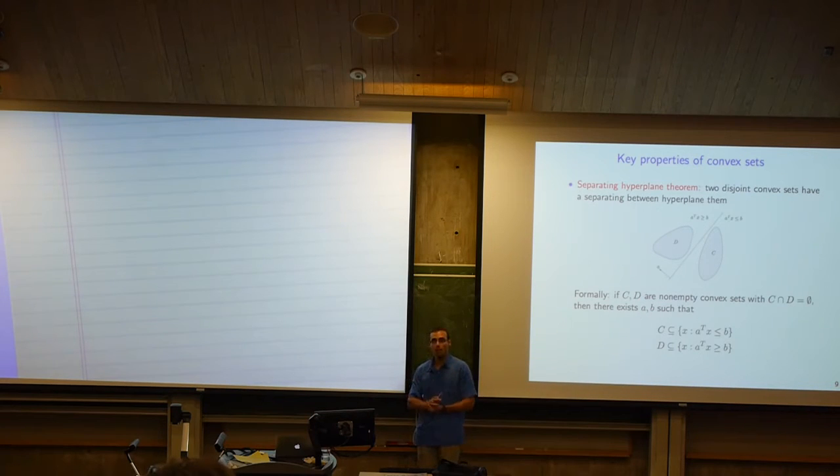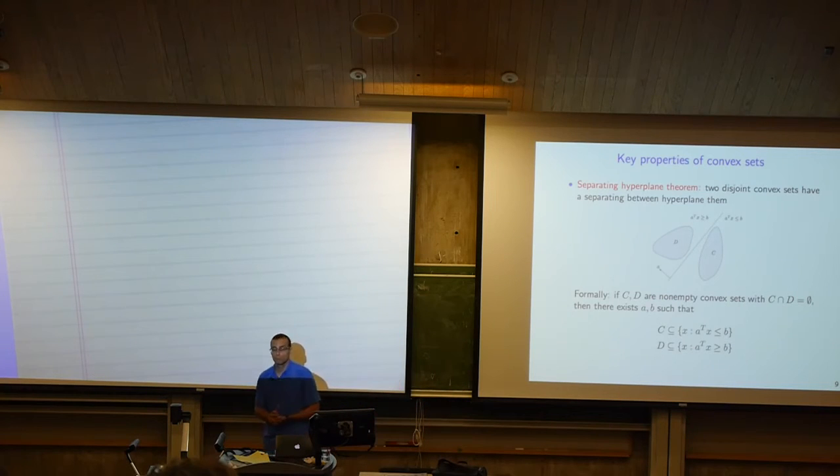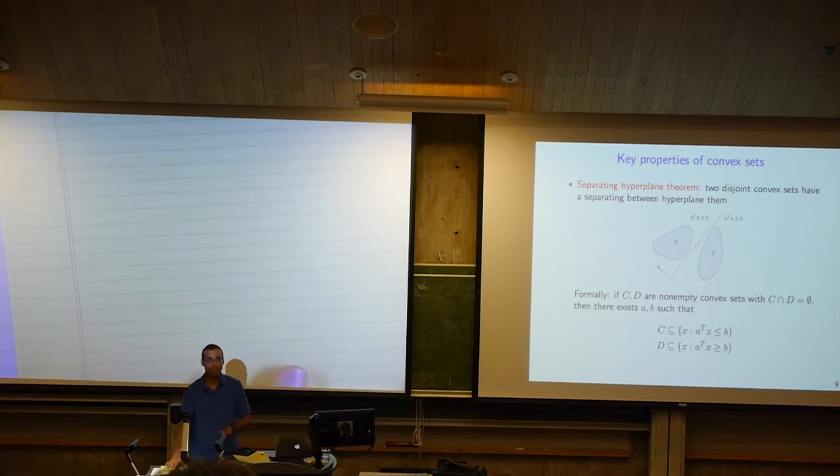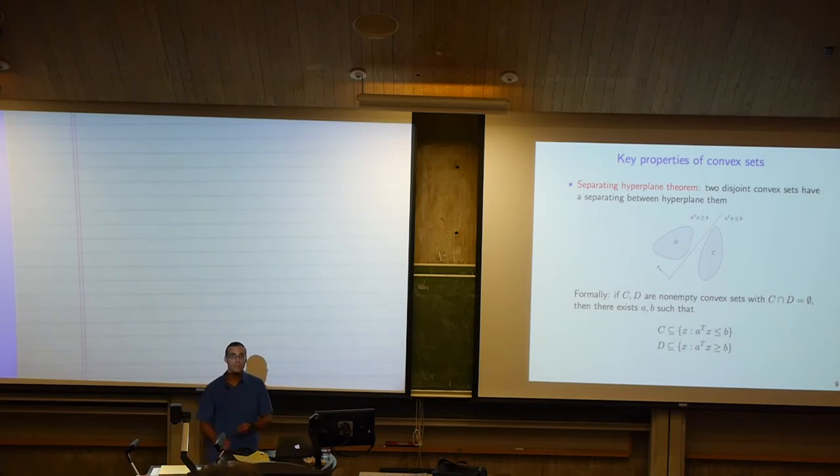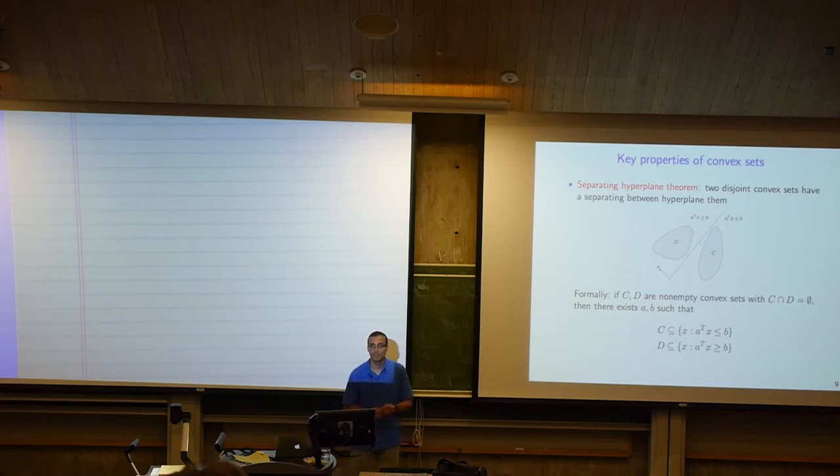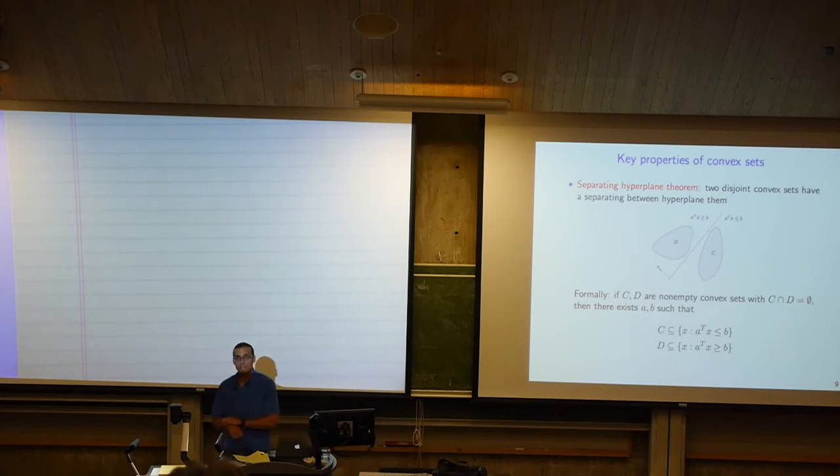I'm telling you that C and D don't intersect. If you don't think it's possible, then yell out a counterexample. So I have two convex sets. I want to have a hyperplane that strictly separates them.